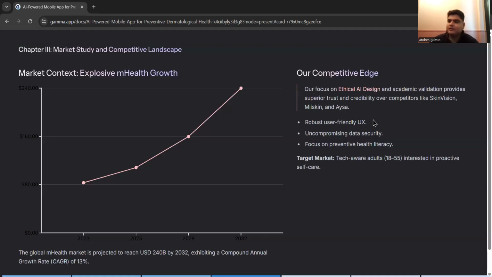So here we would like to talk about our macro environment using a PESTLE analysis. As I mentioned before, there are political, economic, social, technological, environmental, and legal factors that form the PESTLE. For example, from PESTLE, we have many Latin American governments that are supporting digital transformation.